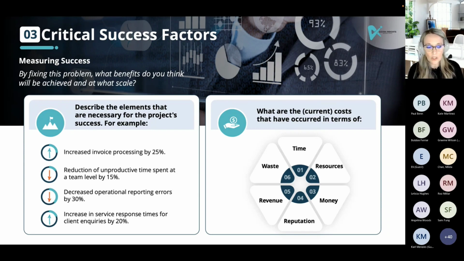Although we do go through current and future state in parts 2 and 3 of our knowledge brief, we want to have some loose measures to work with, at least in the beginning. And again, we can go back and update these as we discover more. So you would use specific measures, like we want to increase invoice processing by 25%, or we want to reduce unproductive time spent by the team by 15%.